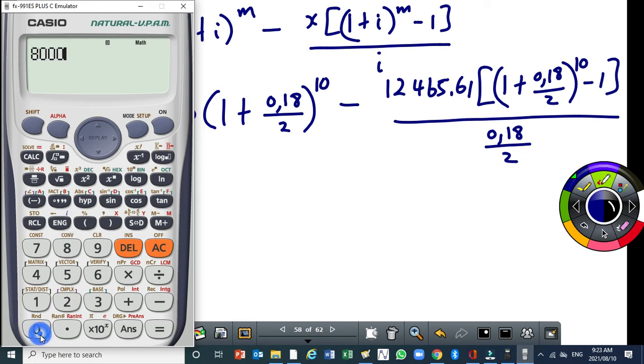That's 80,000 times (1 plus 0.18 divided by 2), then raised to the power of 10, then minus, if my x is 12,465.61, are you sure that the x is correct? Because if the x is not correct.